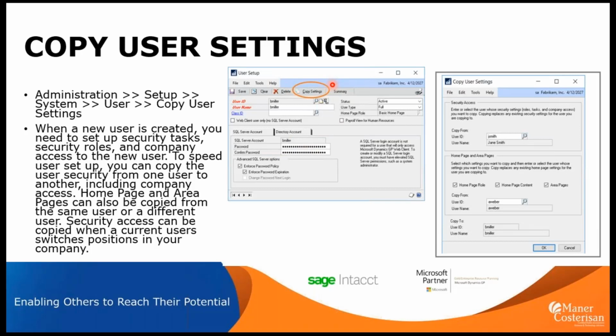You can copy the settings from the user they replace, along with their homepage roles, content, and area pages, so that they have what that prior user used, which makes the transition even smoother so that you're not having to provide the prior user's password.